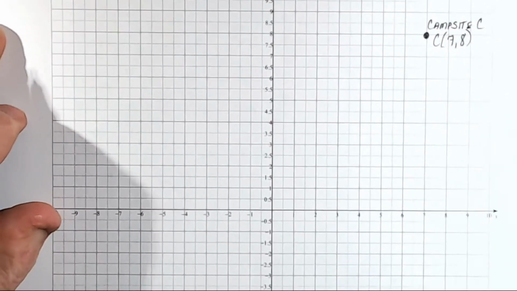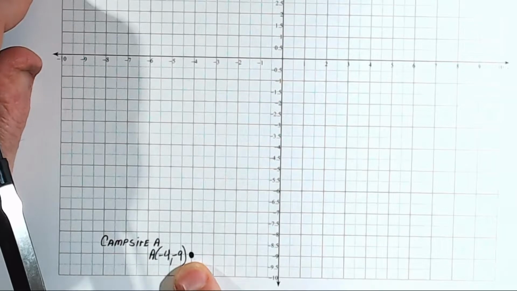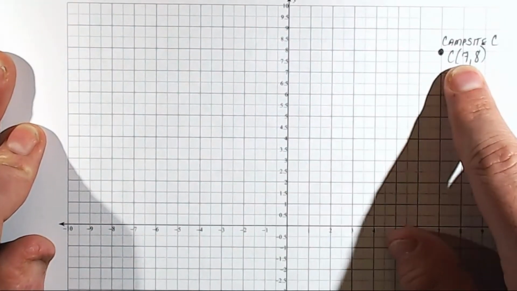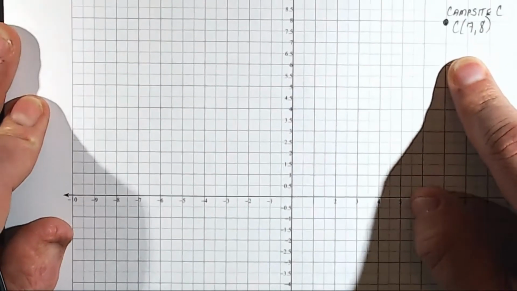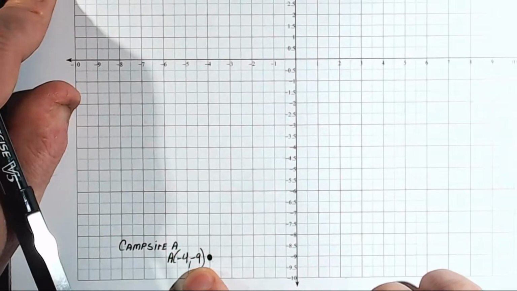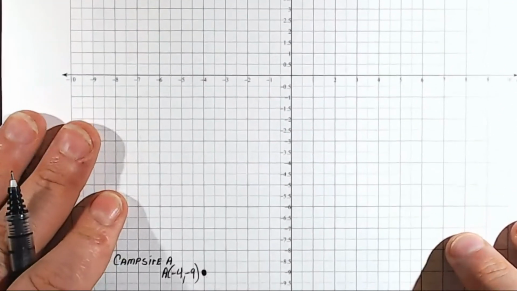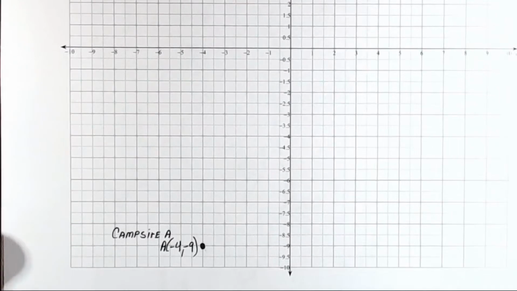So let's look at these 2 points. You see campsite A is down here and to the left, and campsite C is up here and to the right. So we want to find a point that is 4/9 the distance from here all the way to here. We want to find 4/9 the distance, and we want to plot that point wherever it is. So a couple things to notice.